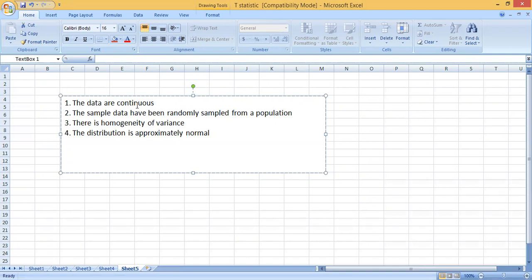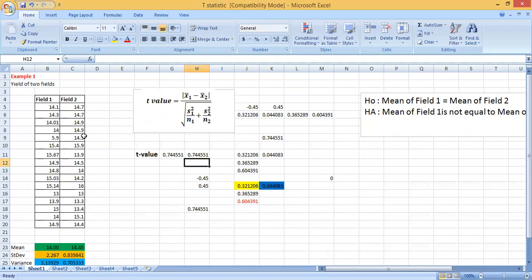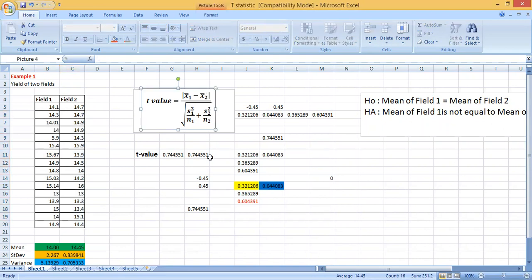Now, I am going to the calculation part. By using Excel, you can calculate this. Look, these are the outcomes of field 1 and field 2. There are 16 outcomes. And to find the t value, we have to follow this formula.